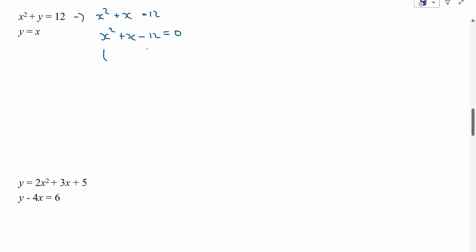Now let's go ahead and factorize this. Two numbers that multiply to give us 12 and plus or minus to give us 1. I think it is plus 4 and minus 3. So the two values for x are going to be minus 4 and 3.